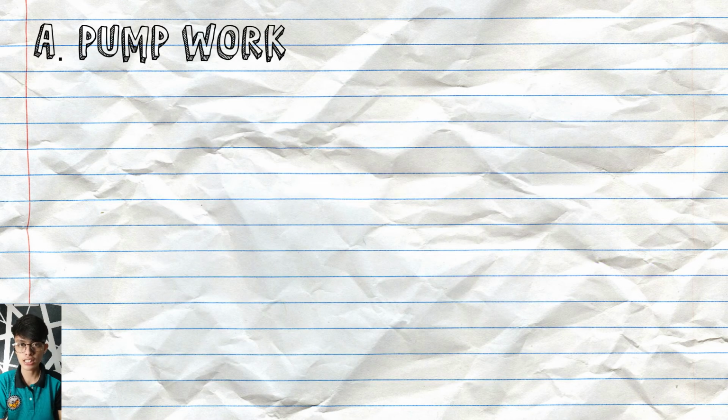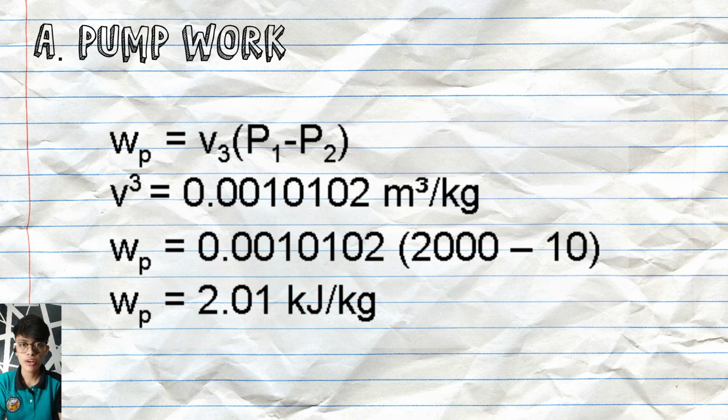The first thing asked for the Rankine cycle is letter A, pump work or approximate pump work. The formula for pump work is WP is equal to V3 times the quantity P1 minus P2. Now, to get this, we need to get the specific volume at the given pressure at point 3, or V3. Looking at our steam table on page 8, look for 0.010 megapascal.